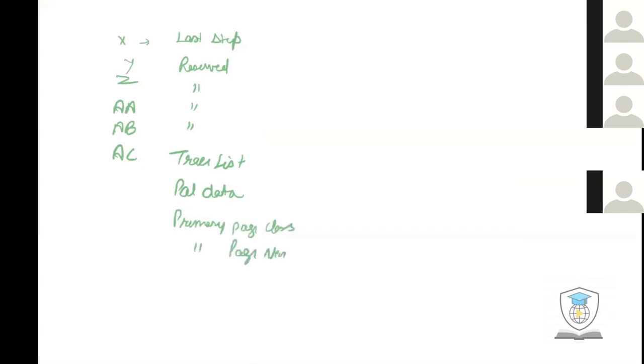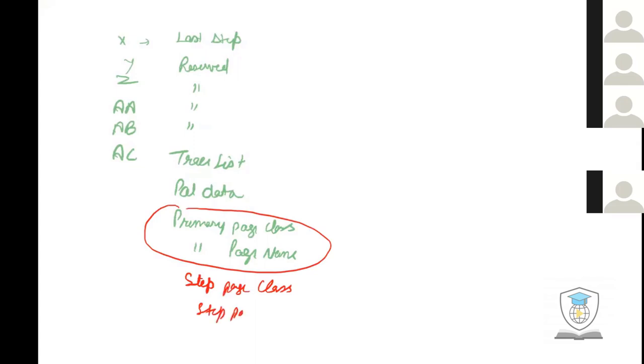These two also help us find out the context when the alert has happened. Similarly, we have 2 more pages, step page class and step page name. These two are also important for us.